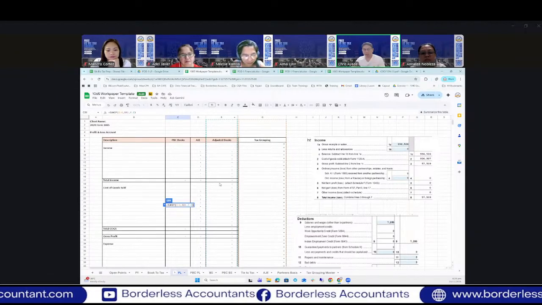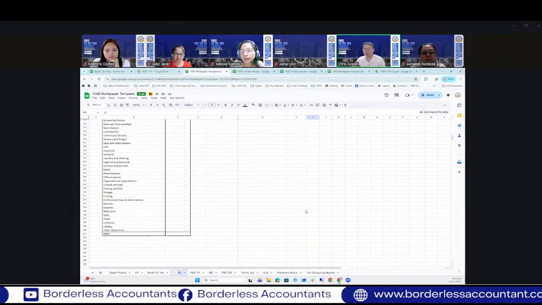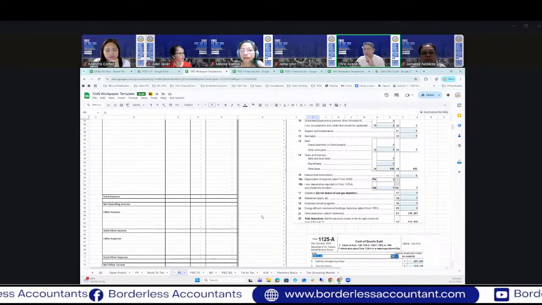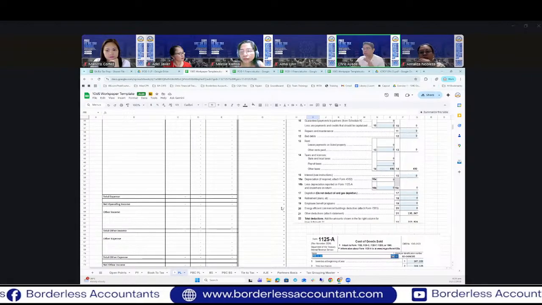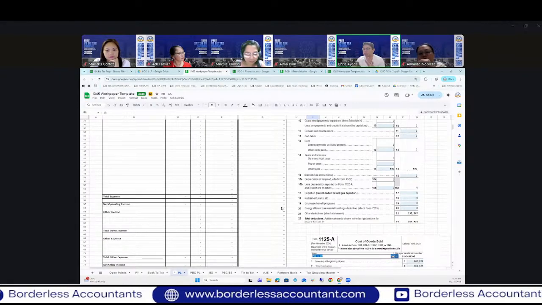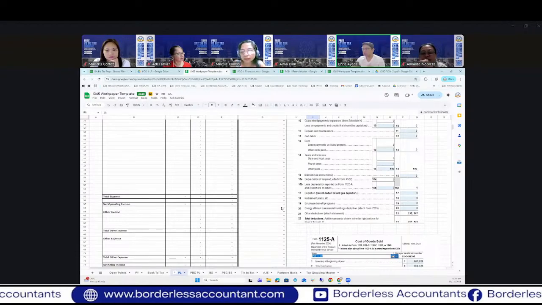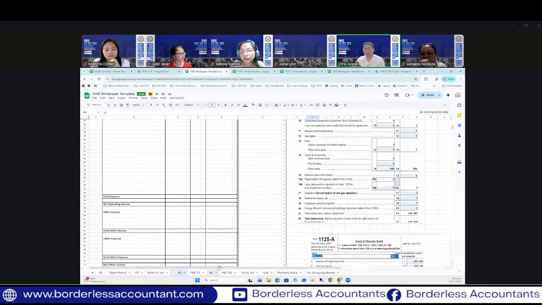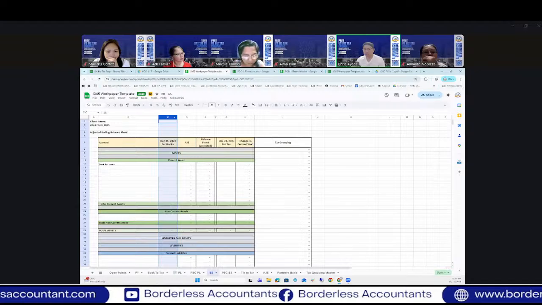So the goal for the work paper is for you to be able to make the adjustments and summarize the accounts, so that once you're done, all you need to do is to copy and paste the numbers into whatever tax software you are using. Okay, so the same thing with the balance sheet. Balance sheet also looks like this, you guys. So this is the original numbers from the client that was provided to us.